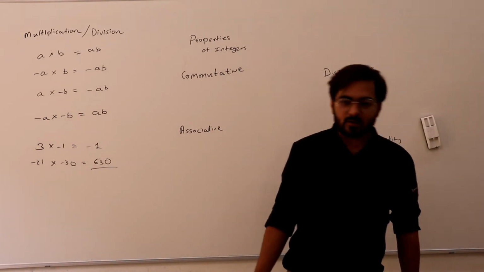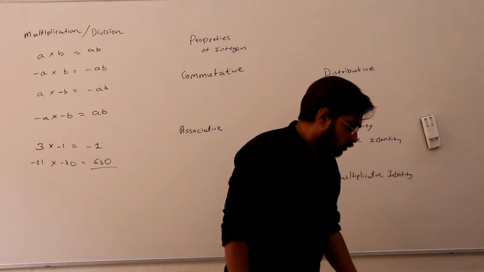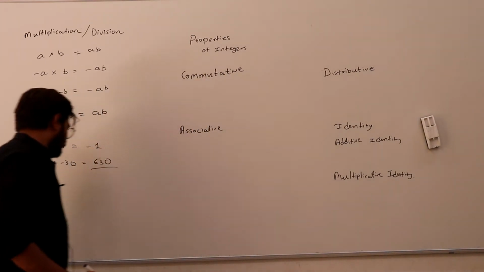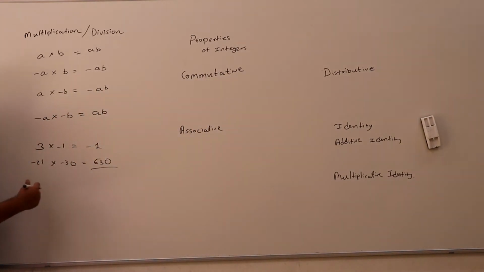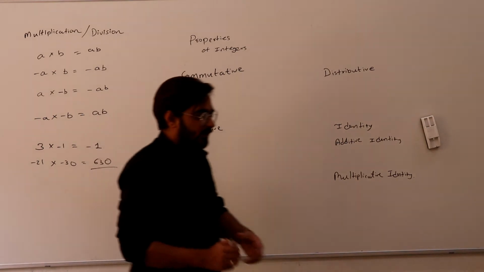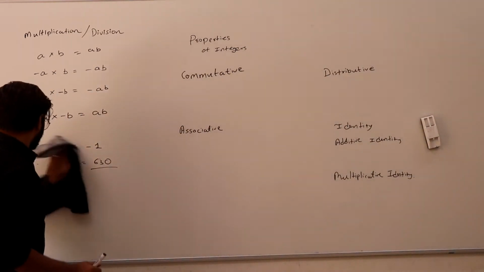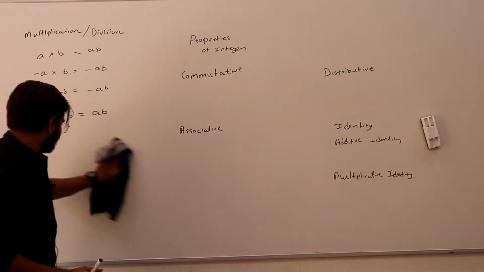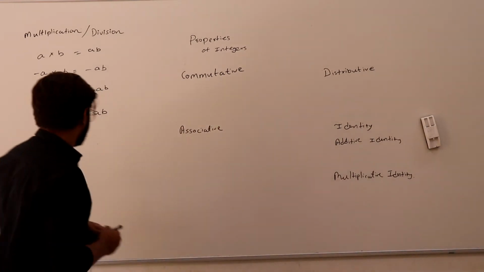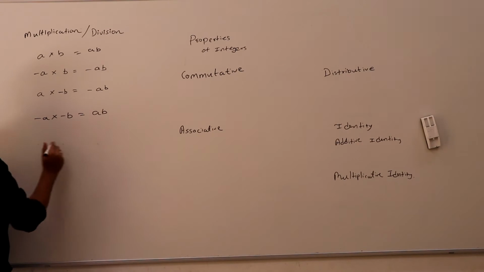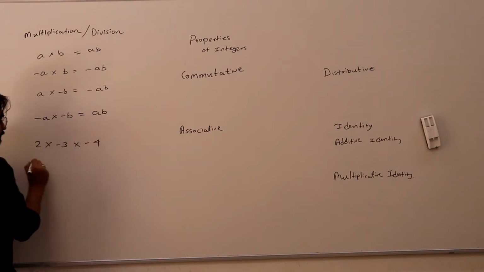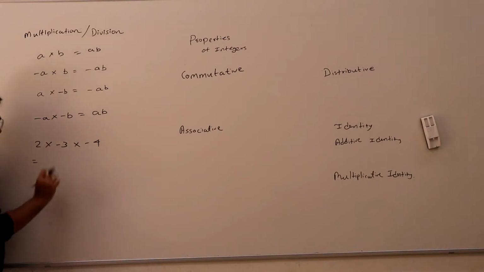What if there are more than two numbers? How do I get to the answer if there are more than two numbers? Suppose the question is like this. What should I do? See, it can be a two-step process or simply a one-step process. We will do both.